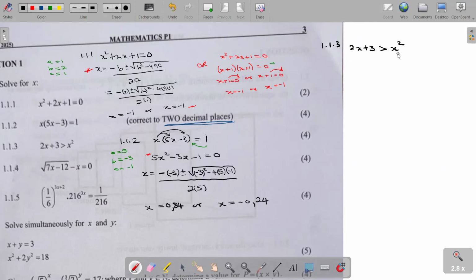So step number 1, we have to standardize the inequality. So we are going to transpose the x squared to this side.